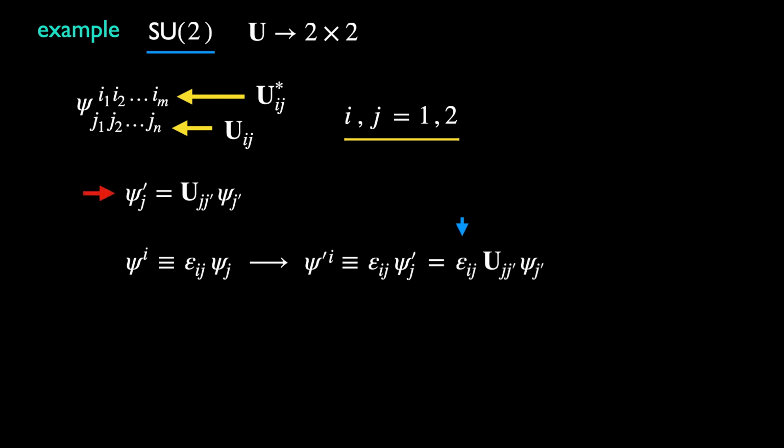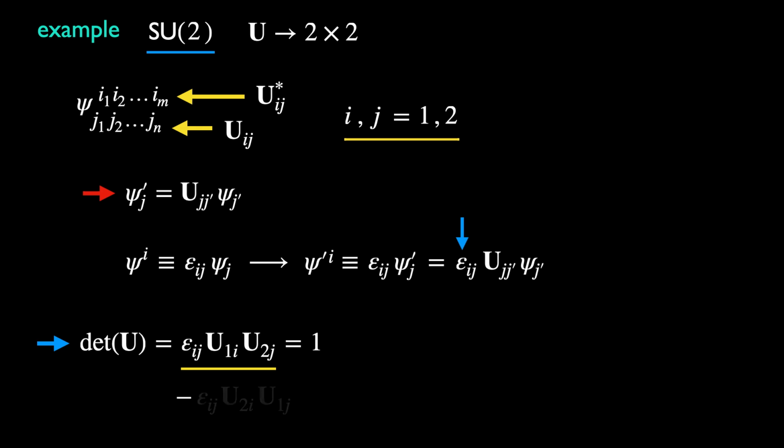Another place where an epsilon symbol appears is in the determinant. Let's look at the determinant of U. The epsilon appears in the Leibniz formula for a determinant. The anti-symmetry of epsilon allows us to rewrite this expression.